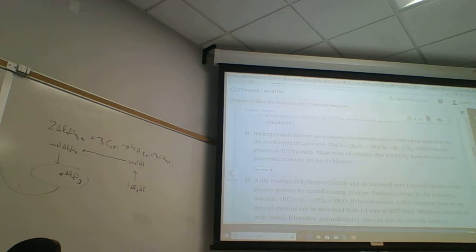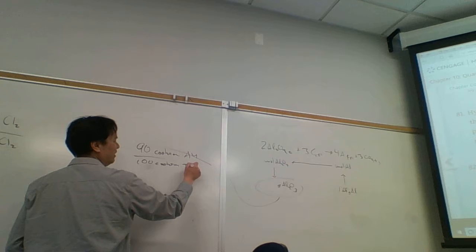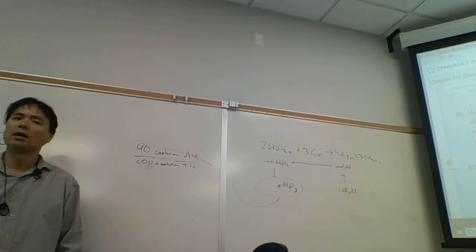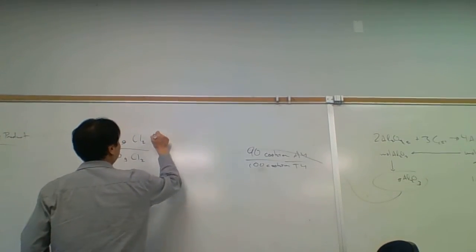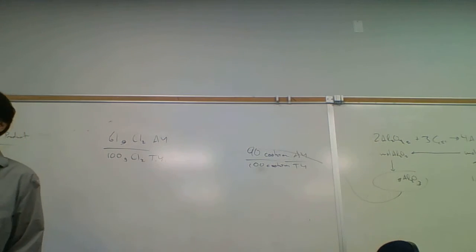And so the other one, if you look back to what we did earlier, it was 90 cookies for every 100 cookies. Well, that makes no sense, and so we put labels on it. What were the labels we put on them? Yes, we're going to get 90 cookies actual for every 100 in theory that we make. And so it's the exact same thing here. For every 61 grams of chlorine we actually get, we better be prepared to make 100 because we're going to lose some.